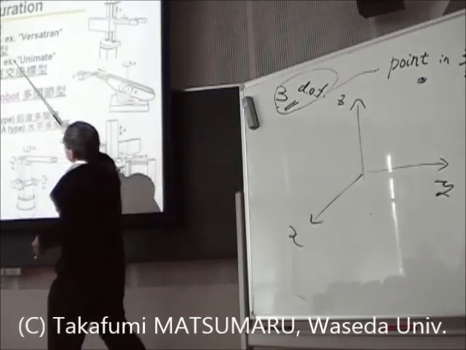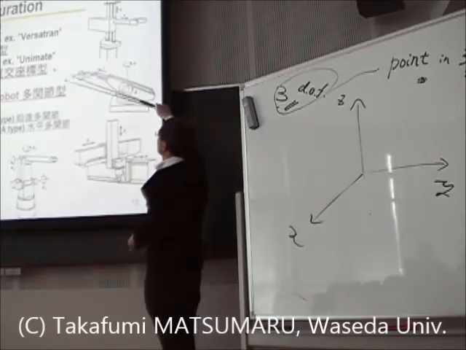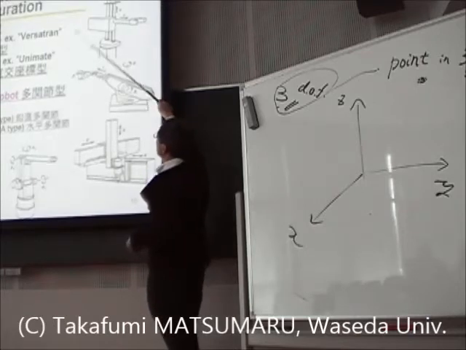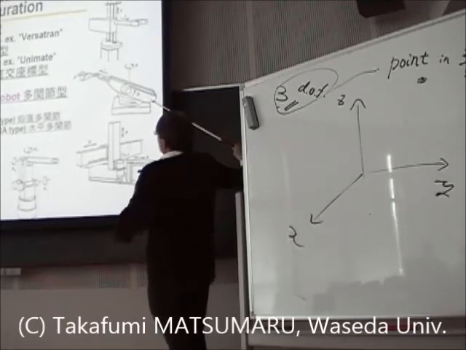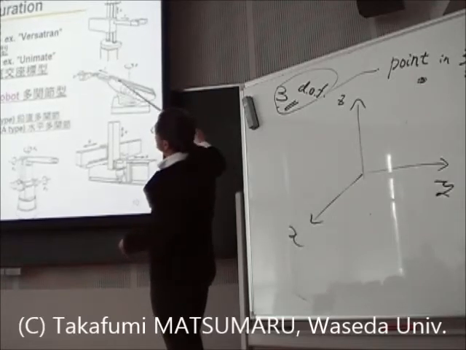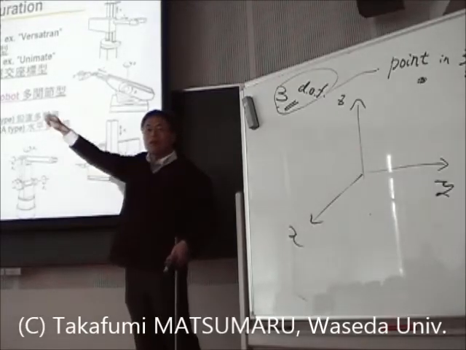The polar sphere robot has this axis as rotation, and this axis as rotation, and this axis as sliding movement. 2 rotation and 1 sliding movement are used for this point position localization.